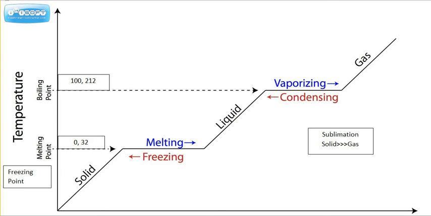Now if we start at gas and we're going down, you can see at the same temperatures you have condensation or condensing, when that gas is turning into a liquid, like the air gas on a cold Coca-Cola. As that temperature goes down, you see droplets of water on the outside of the can.